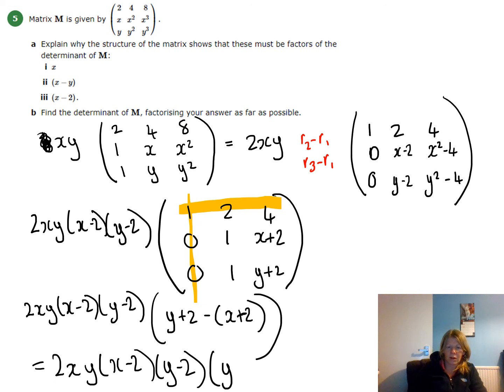Plus the 2's cancel out and you've got y take x, which was the other factor that we proved here, just with a minus 3, so you could put a minus there and make that x take y, so it matches that up there if you liked. So wonderful. Ta-da!